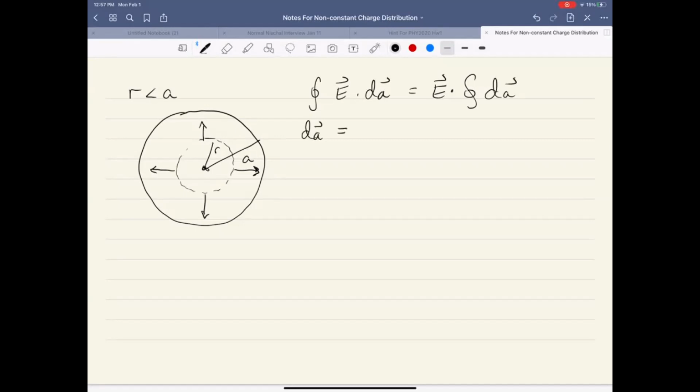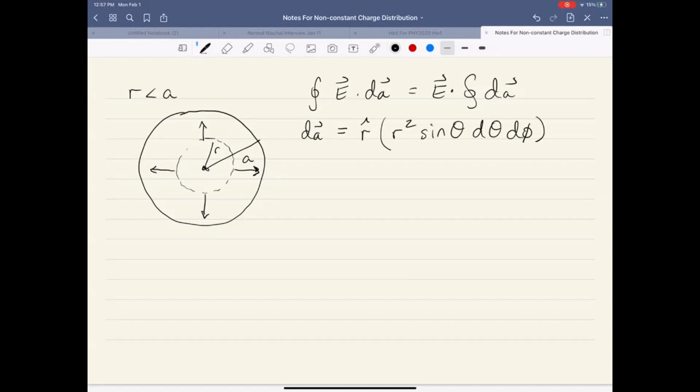Well, it has to point perpendicular to the surface, which means that it's got to point radially outward, which is the r hat direction, okay? And then dA in spherical coordinates is r squared sine theta d theta d phi. That's from Calculus 3, okay?